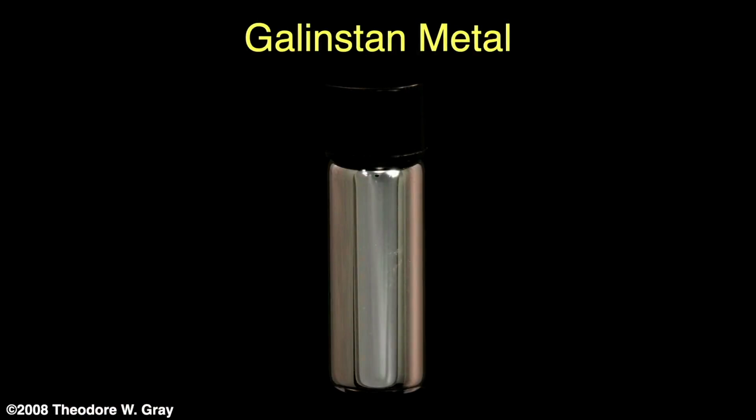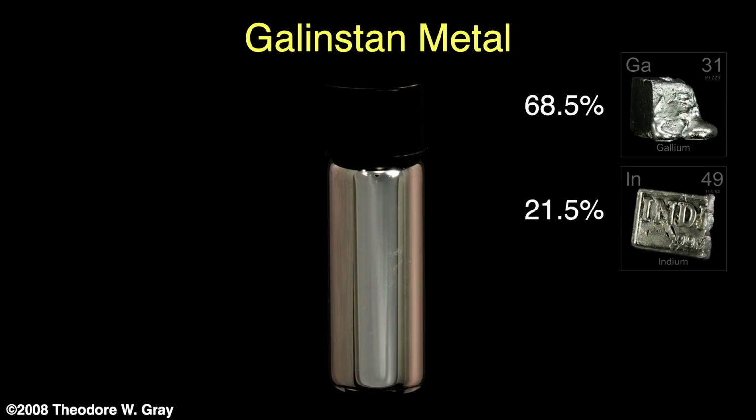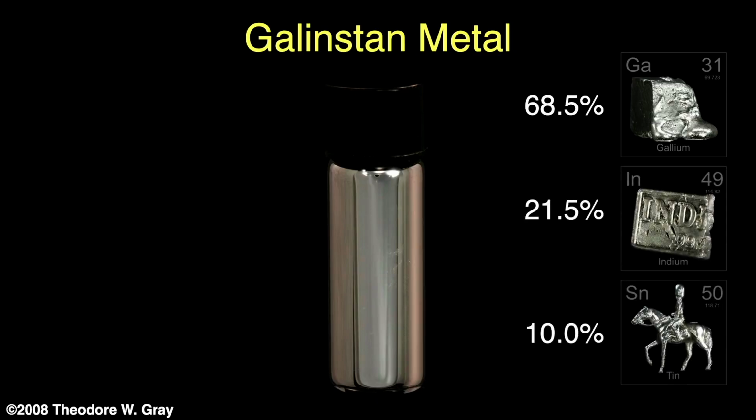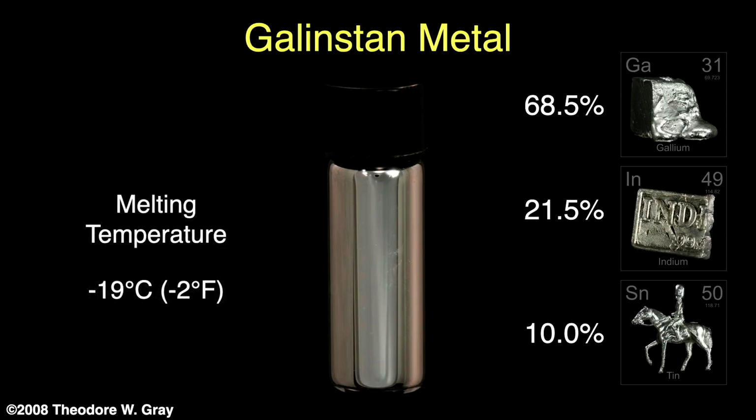Since we can't use mercury in thermometers anymore, material scientists came up with Gallinstan. It's an alloy of 68.5% gallium, 21.5% indium, and 10% tin. It remains a liquid well below the freezing point of water. It melts at a fairly low -19 degrees Celsius or -2 degrees Fahrenheit, so it's a liquid at a wide and useful range of temperatures.